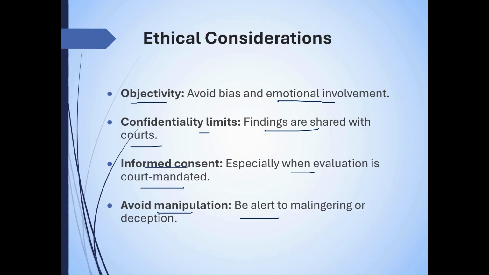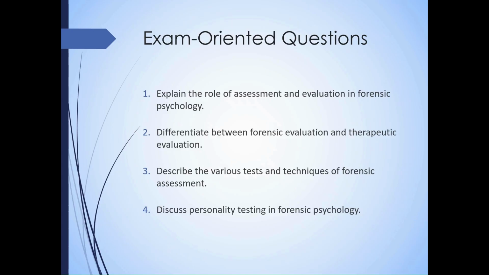Forensic psychologists also act as expert witnesses, presenting their findings in clear, unbiased language. So, if you are asked to explain the role of assessment and evaluation, make sure to link it to legal decision making and objective expert opinions, right?